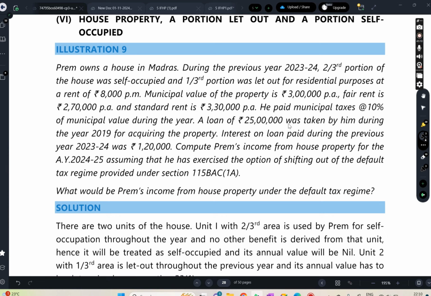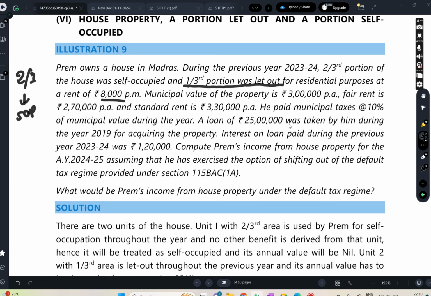Okay. Now, Prem owns a house in Madras. During the previous year 23-24, 2/3 portion of the house was self-occupied. So that means 2/3 is self-occupied. Then 1/3 was let out for residential purpose. It doesn't matter whether it is residential or commercial purpose. Is it let out or not? That's what we want.